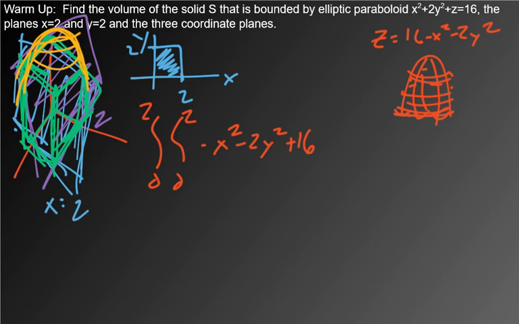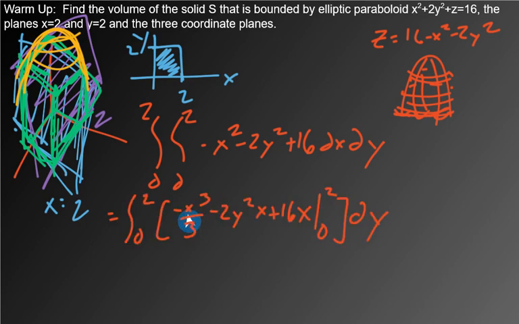And this is one where it really doesn't matter if you do x then y or y then x. They're equally easy. If I do dx then dy, for the dx part I get this. Basically, everything just gets multiplied by an x. X squared gets multiplied by x, negative 2y squared gets multiplied by x, and 16 by x.